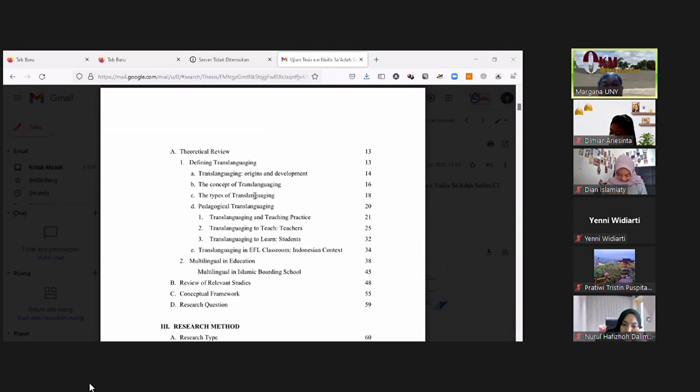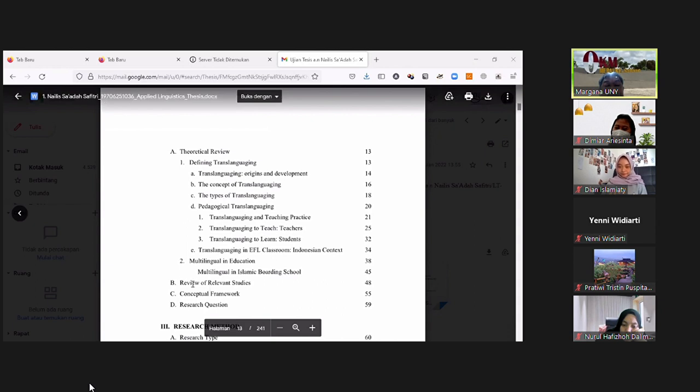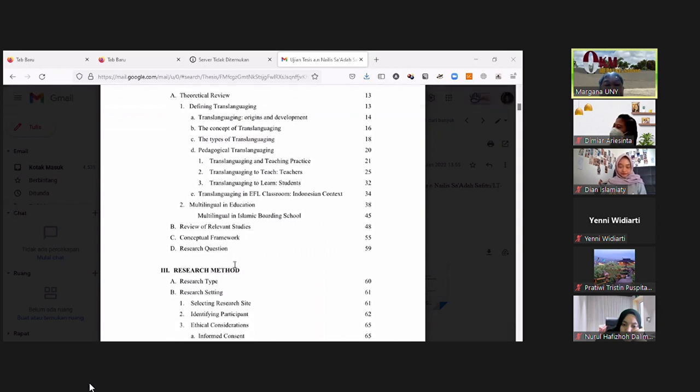So you explore the nature of task group strategy, and then the nature of speaking, the definitions of speaking, types of speaking, the aspects of speaking, and then the next one is speaking instructions, the model, the technique, the media, etc. So it depends on the areas of the study.